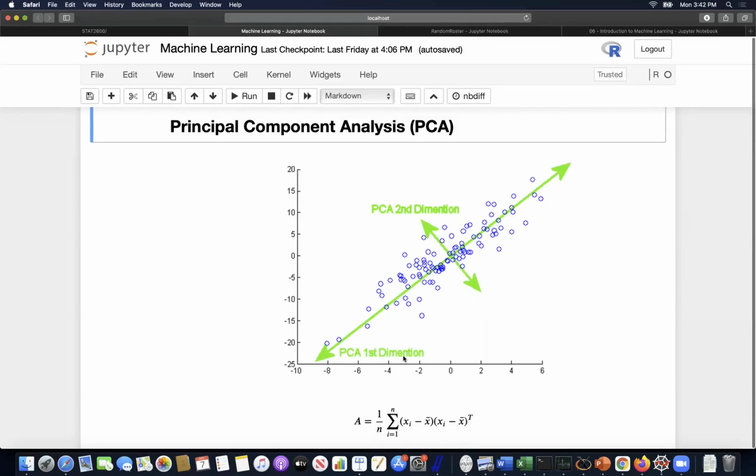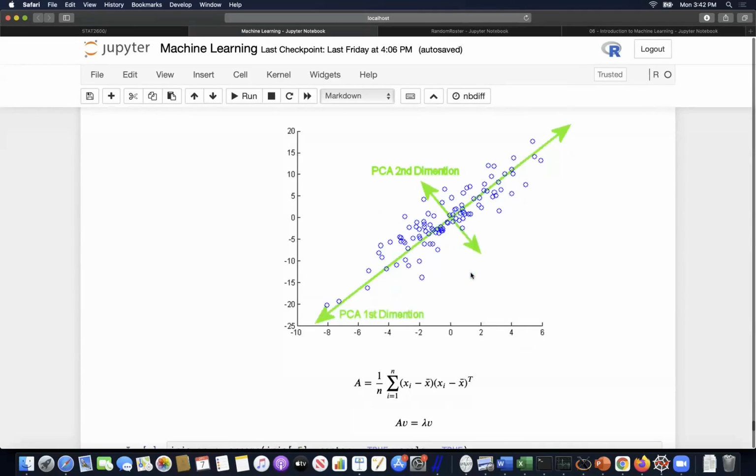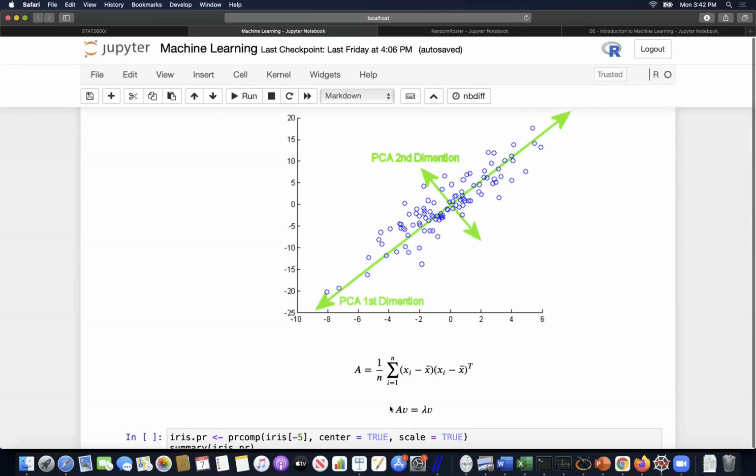And I don't want to go into the details of the math, but I want to give you an idea of what type of courses you need to take in the future to understand these methods. We know that the variance matters, actually the covariance matters. So we are going to create a covariance matrix. And then to compute these vectors, we are going to look at the eigenvectors. So V is an eigenvector in this direction and in the other direction.